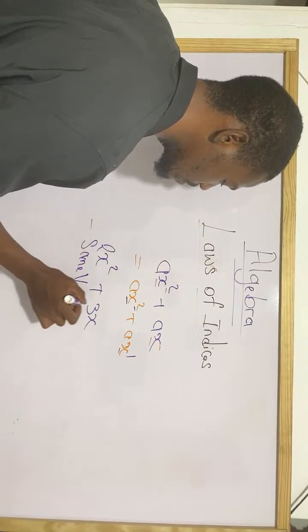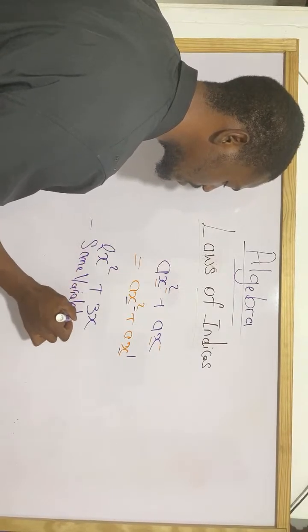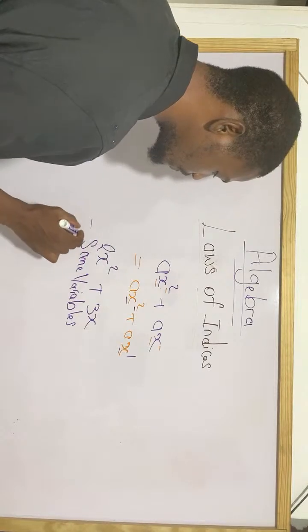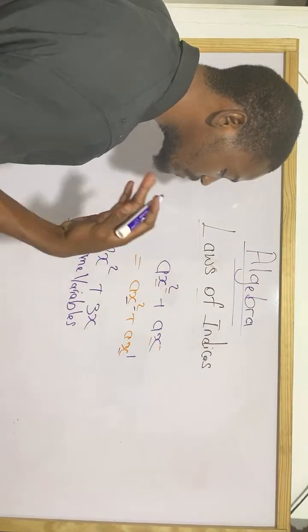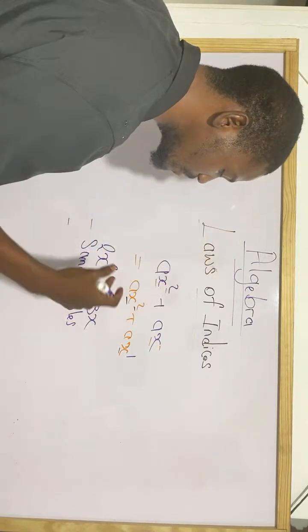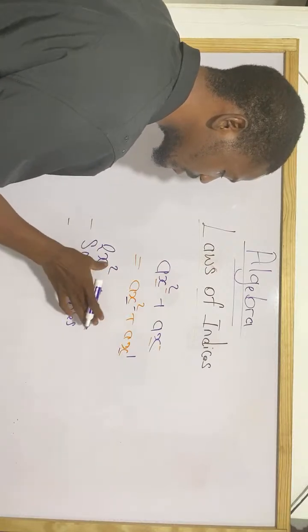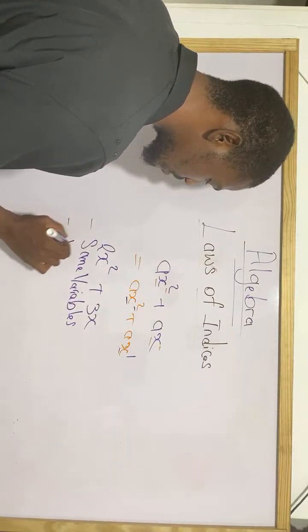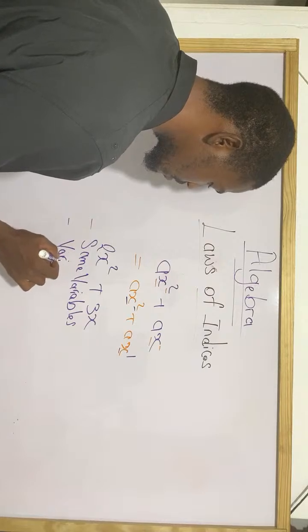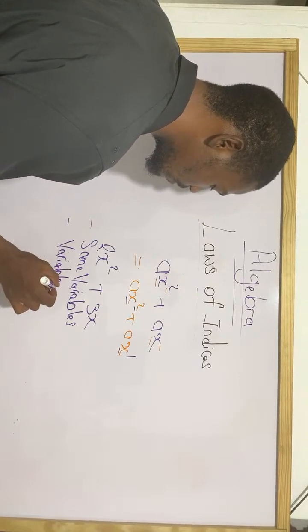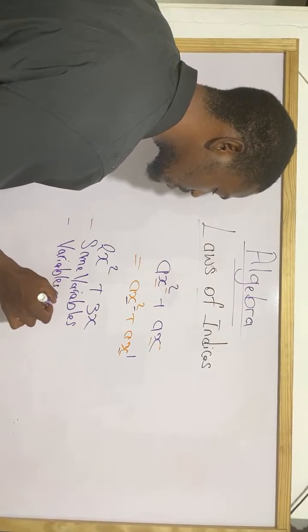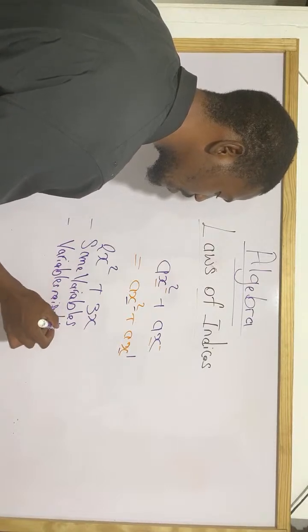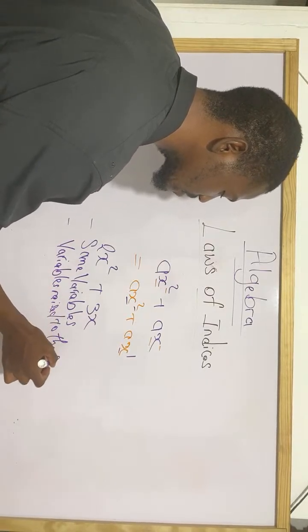Criterion two is that they must have the variables raised to the same index.